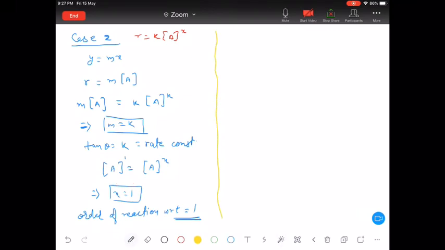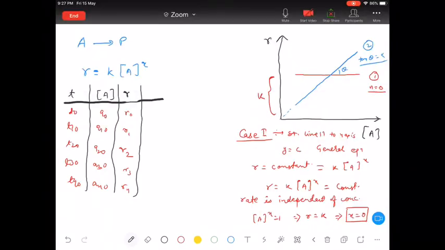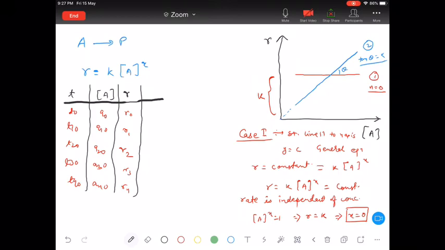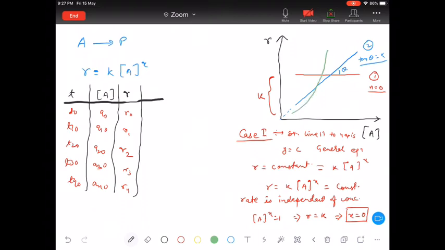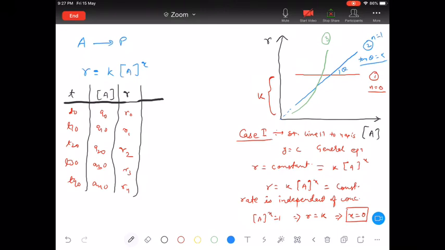Now I'll be taking case 4, basically that will be case 3 sub case 1. In case 3 also different sub cases will be there. Let's say here case 3. So in case 2 we are confirmed that order of reaction will be 1 only.